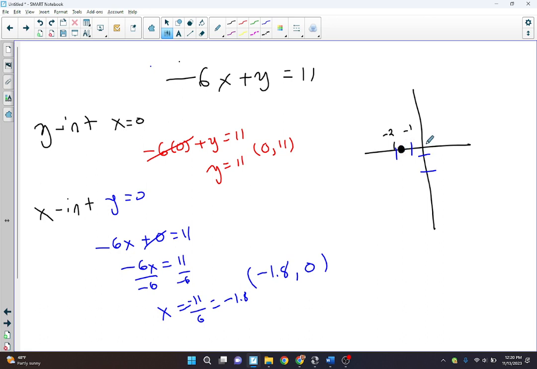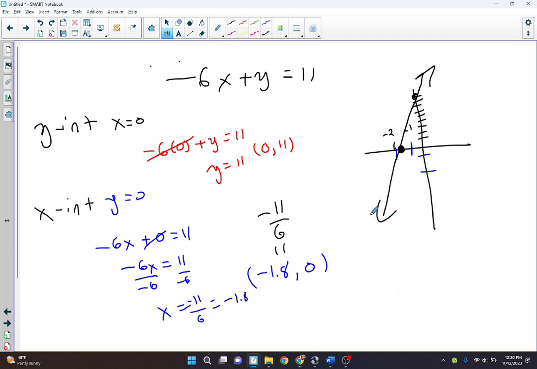If it was graphed like negative 11 over 6, negative 11 over 6 equals negative 1.8-ish. So because of that, I know it should be between negative 2 and negative 1. Changing to a decimal is just helpful to figure out where it is. And then here's 11 up here. Connect the dots.